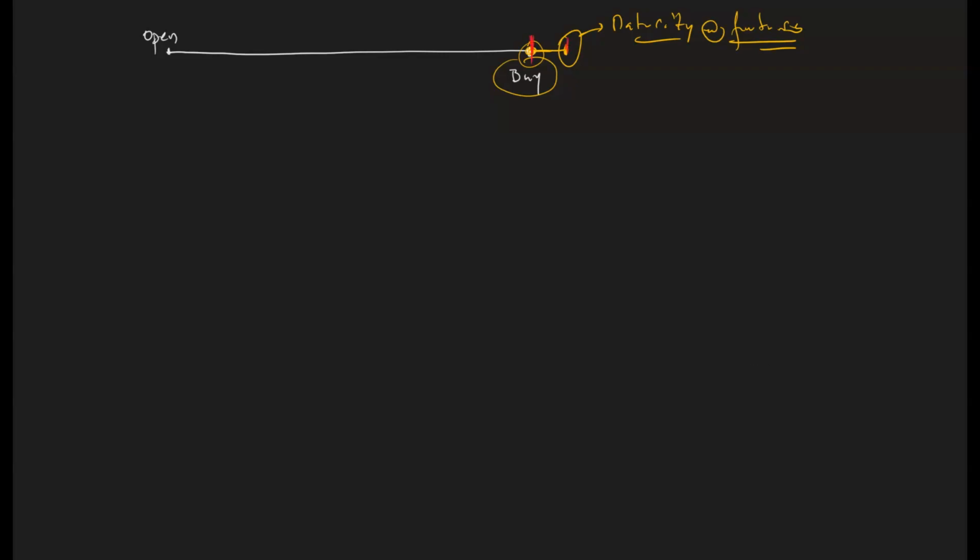The futures price at this point where you're considering closing out the contract is not always going to be equal to the spot, because the futures price is going to be equal to the spot at expiration. Remember, the convergence property says that the futures price at expiration is going to be equal to the spot, and that is at expiration. I say expiration, but you can also say maturity.